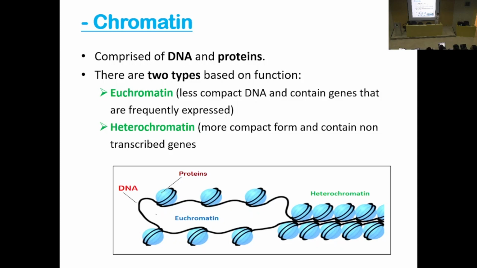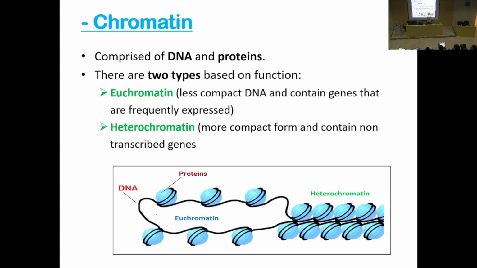So when we want to do transcription of the genes, there is no way the enzymes that do transcription can enter between them because it's very tight. There is no room. However, in the euchromatin you see how there is a space between them. So the genes that are here can be transcribed. We can get messenger RNA and protein from them.